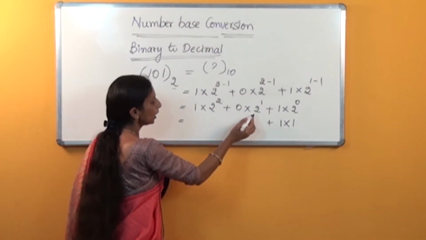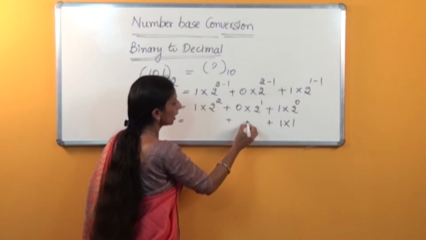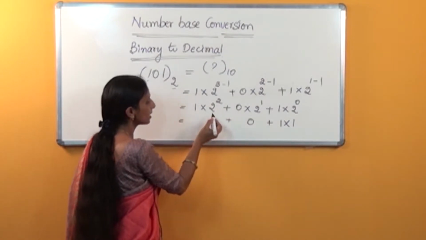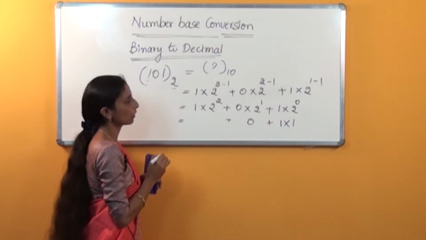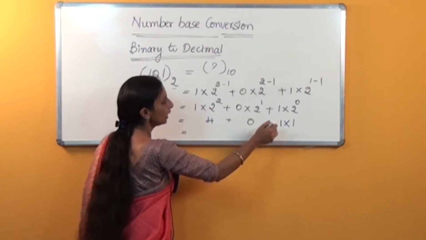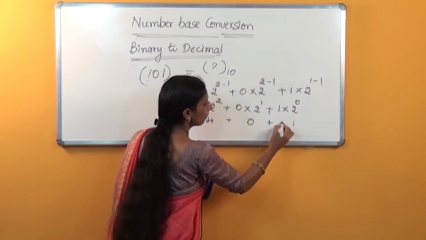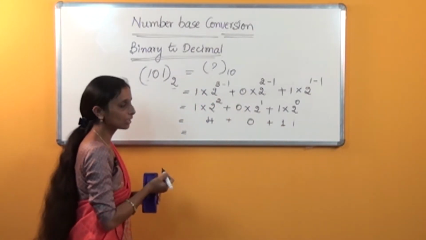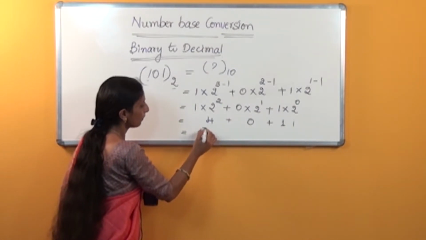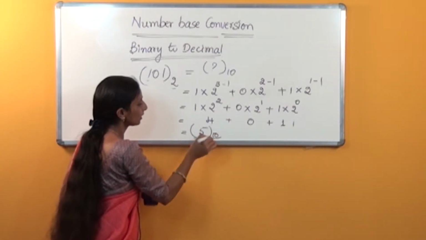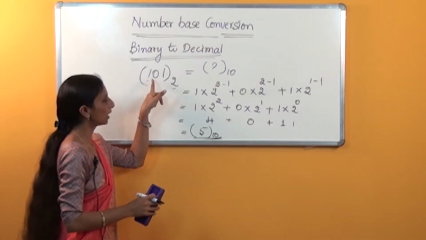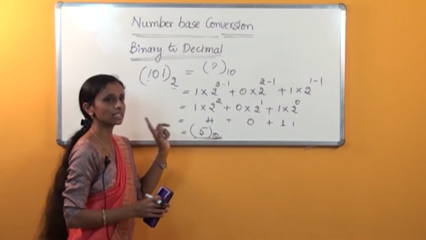Next, 0 into 2 to the power 1, 2 to the power 1 is 2, into 0 is 0 itself, and similarly 2 to the power 2 is 4, into 1 is 4. We know 1 into 1 is 1 itself. So when we add these numbers, 4 plus 0 plus 1, it will give the result as 5. This is our equivalent decimal number. For binary 101, the decimal representation is 5.